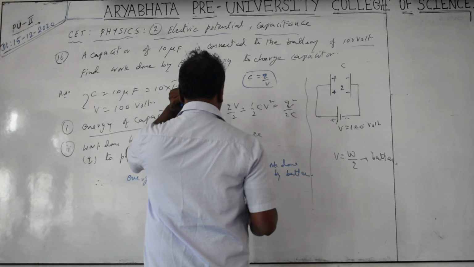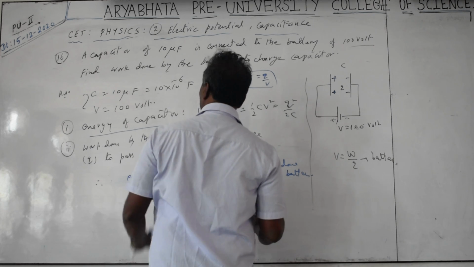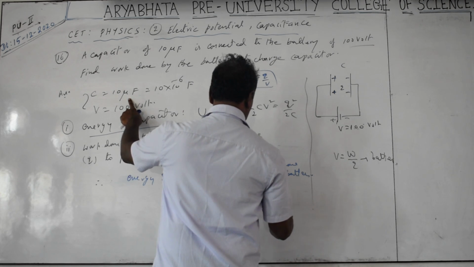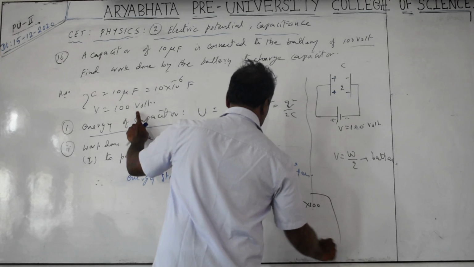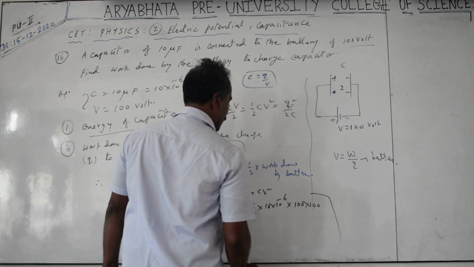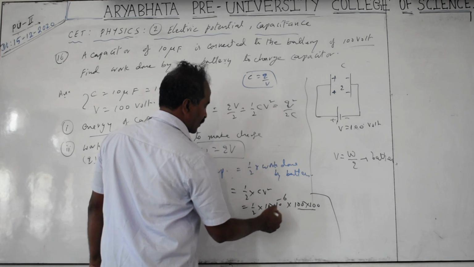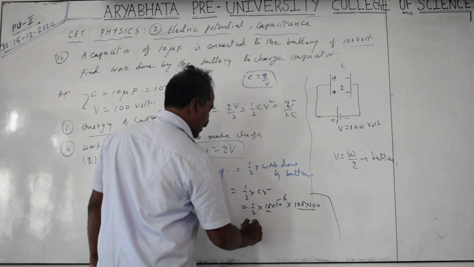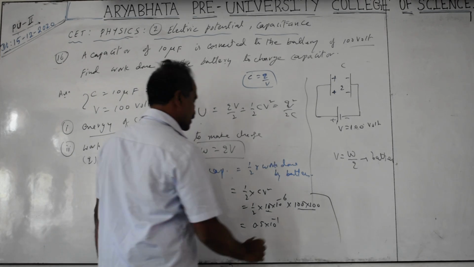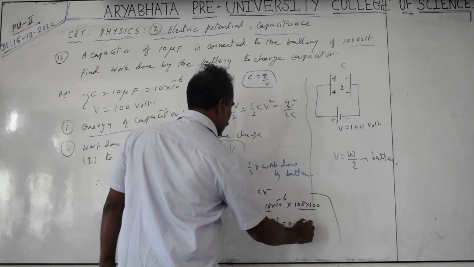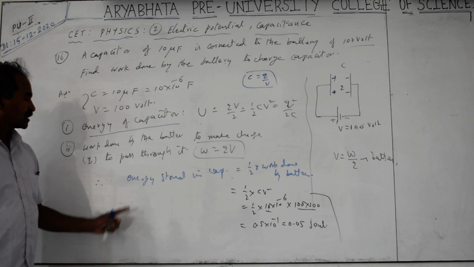The work done by the battery, which is actually asked, is 2 times this. Half CV square, where C is 10 into 10 to the power minus 6 and V square is 100 into 100, gives half into 10 to the power minus 1, which is 0.05 joules. That is the energy stored in the capacitor.